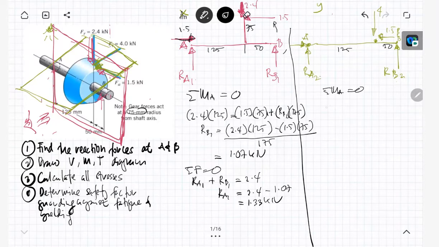So 4 times 125 equal to, let's say, RB2 times 50 plus 125, 175. So RB2 is equal to 4 times 125 over 175 equal to 2.86 kilonewton.